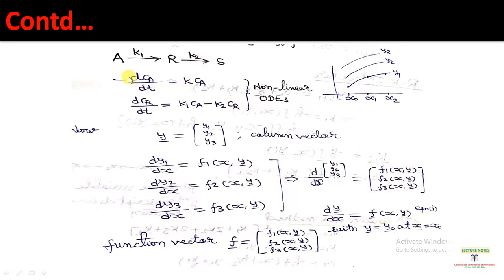Okay, so the equation for this reaction we can write in this form: minus dCA/dt, meaning disappearance of component A, minus rA or minus dCA/dt equals K1 CA. And second, for this intermediate product we can write dCR/dt = K1 CA minus K2 CR. So these are non-linear ODEs.